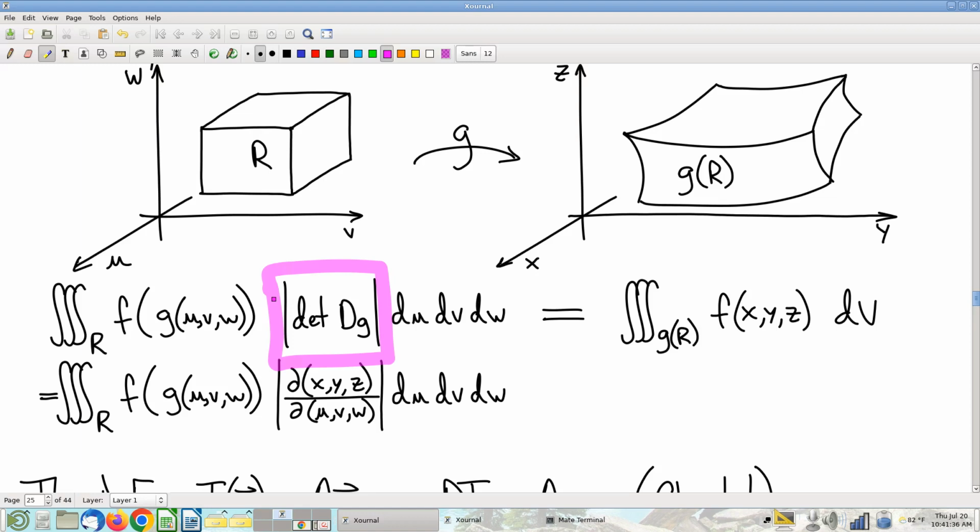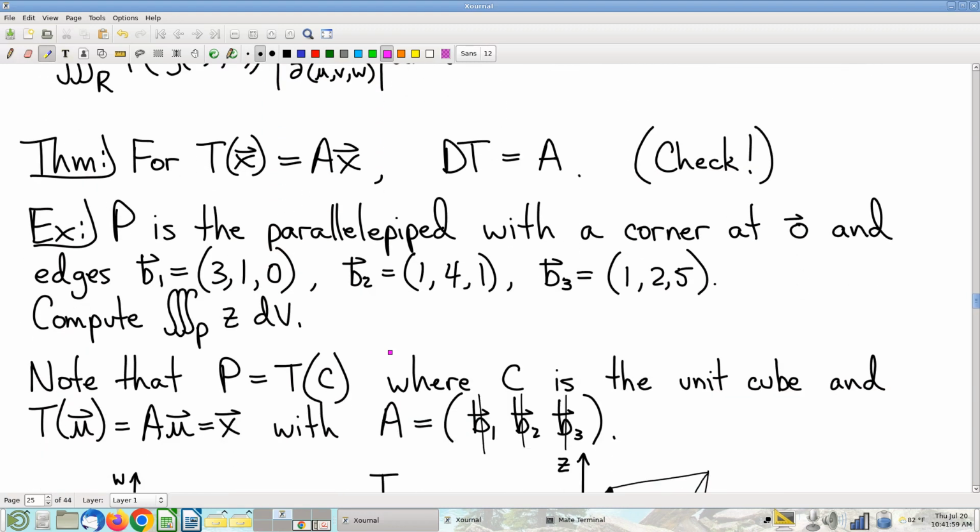It's the absolute value of the Jacobian determinant, which again we have a nice notation for, totally analogous to the 2-dimensional version. It's the partials of the outputs with respect to the inputs, arranged as a matrix, of course. Determinant, of course. Cool? All right. Okay, so here is an example.